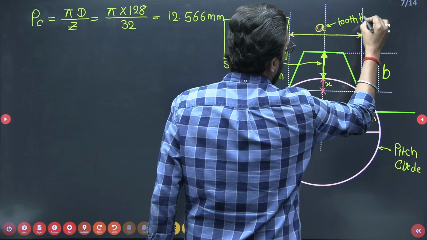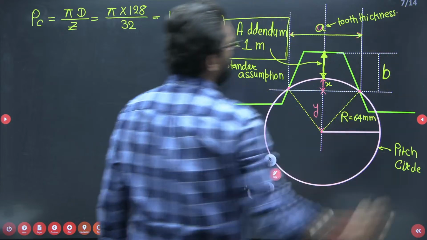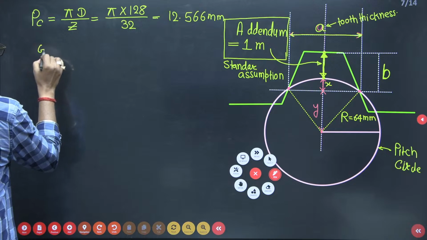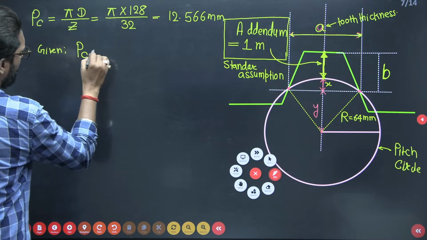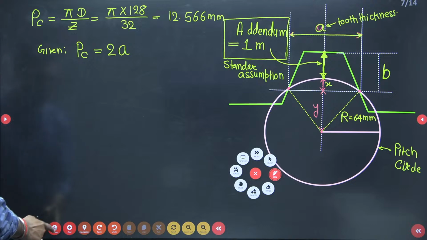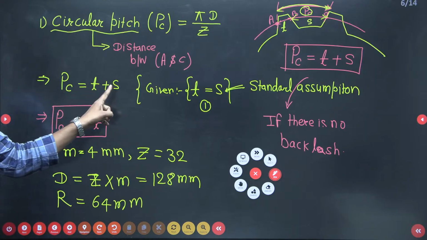Tooth thickness is given, and the given condition is that pitch circle is equal to 2 into A. Yes or not? Why? Because tooth thickness is equal to the tooth space.